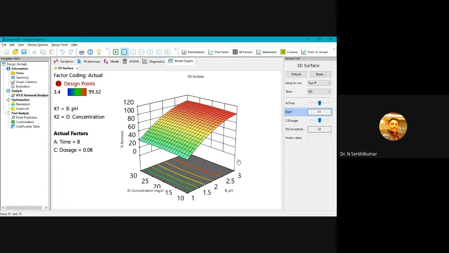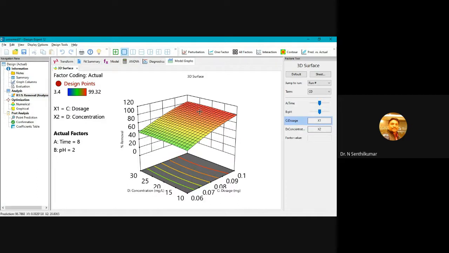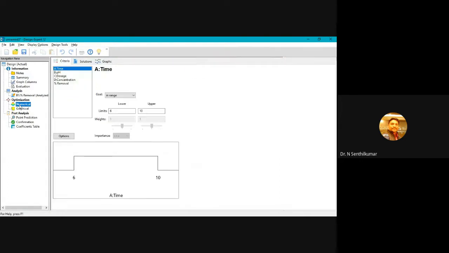So the relationship between pH and concentration is what we are going to study. Okay. So from this response plot, we are going to identify which is going to influence more. And finally, I will be going to the numerical optimization. The percentage removal is my output. So the goal is going to be maximize.